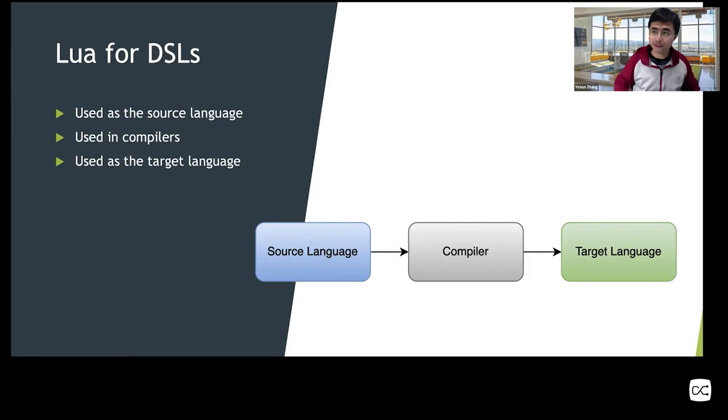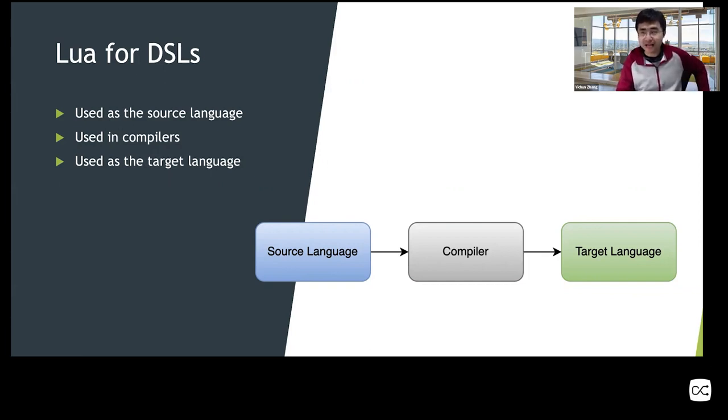And also Lua can be a good candidate for implementing the compiler itself, because Lua is small and also has a lot of advantages, as I mentioned earlier in this presentation. And using Lua for the compiler doesn't mean that you have to use Lua to write a compiler.